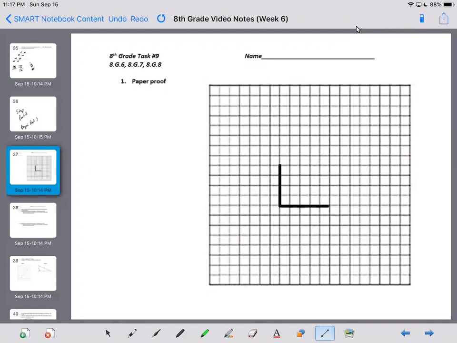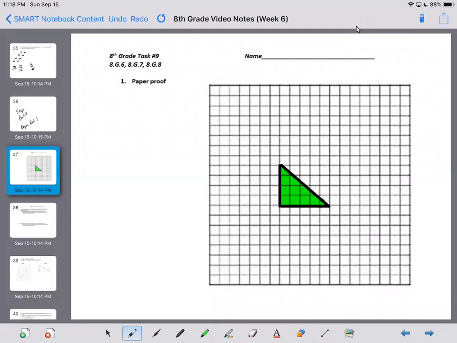And what I have here is a 4 by 5. So the lengths of what we'll call the legs of the triangle are given. With the Pythagorean theorem, you're going to take the sides of the right triangle and create squares.